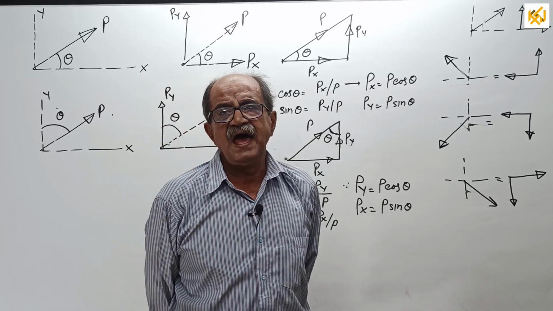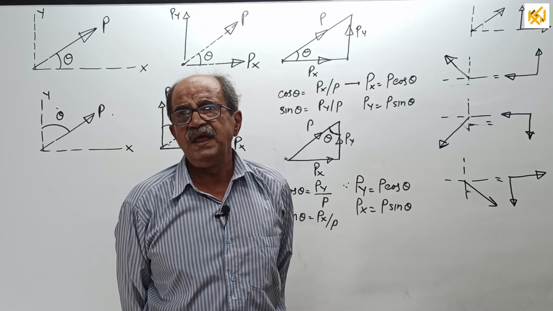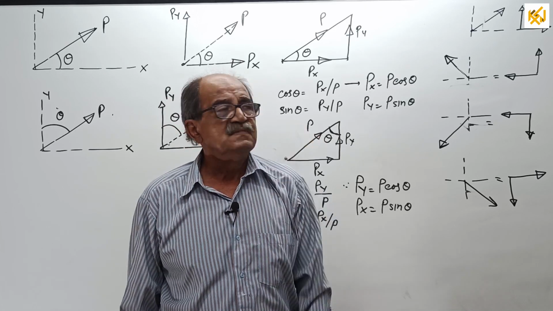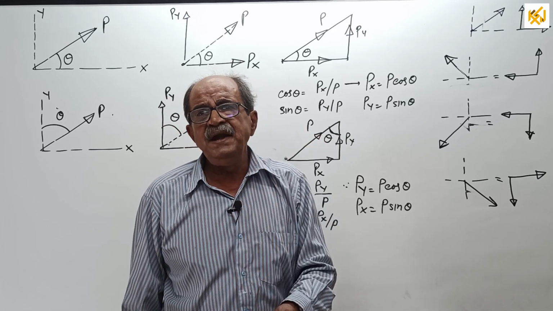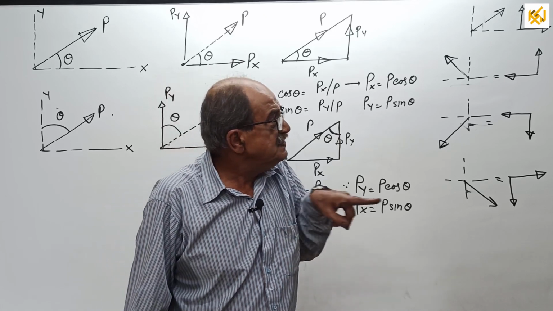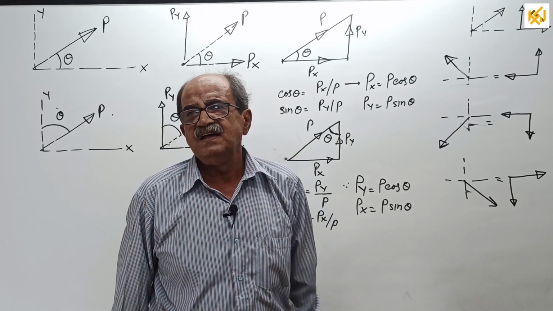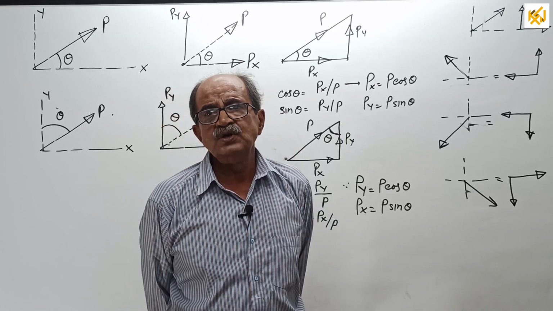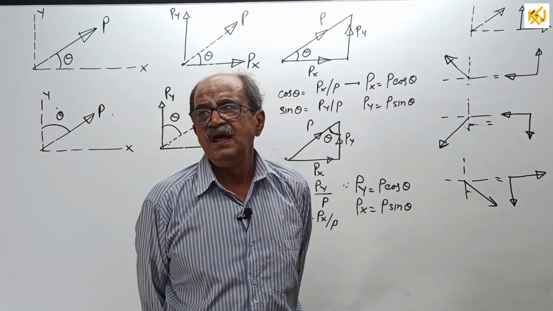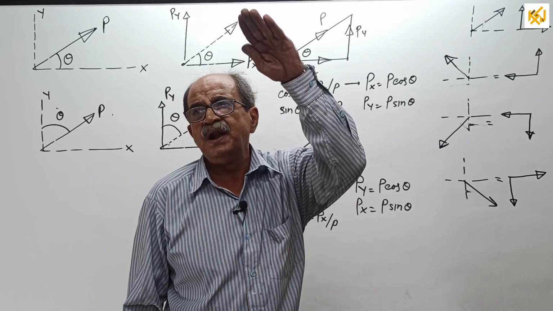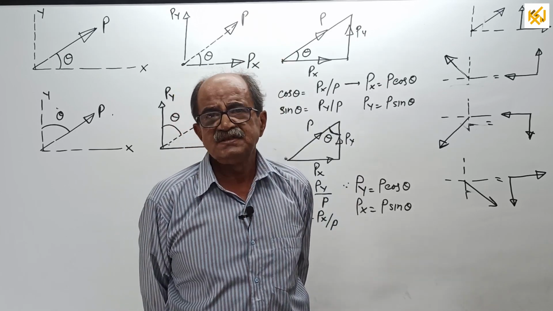You can consider the angle either with x or y, but correctly decide. Then, the component of the force in that direction with which the angle is measured is always force into cos of the angle, and the perpendicular component is force into sin of the angle.